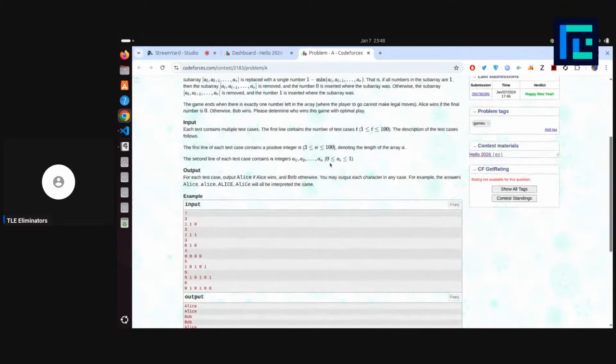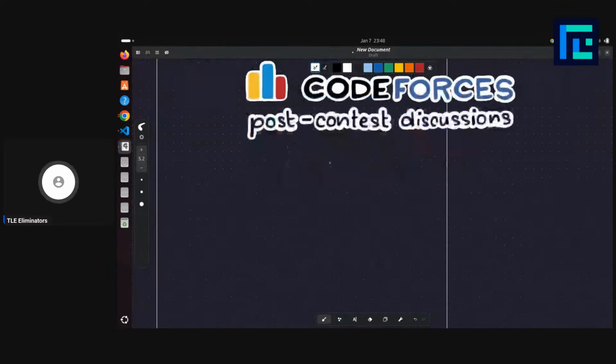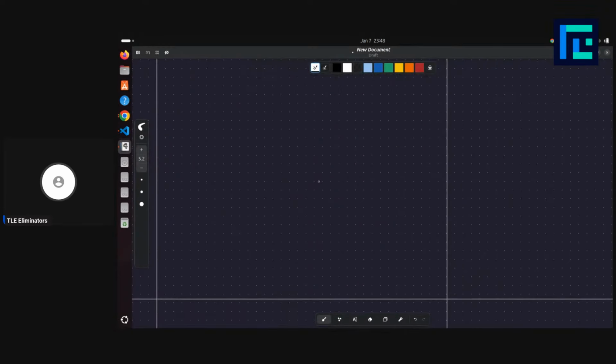Okay, so it is a pretty easy problem. Now they are saying that we have an array which is either containing only 0 or 1. Like every element is either 0 or it is 1. So an array is there, right? And what Alice can do is, whoever's turn it is, they can choose a subarray of length at least 2.